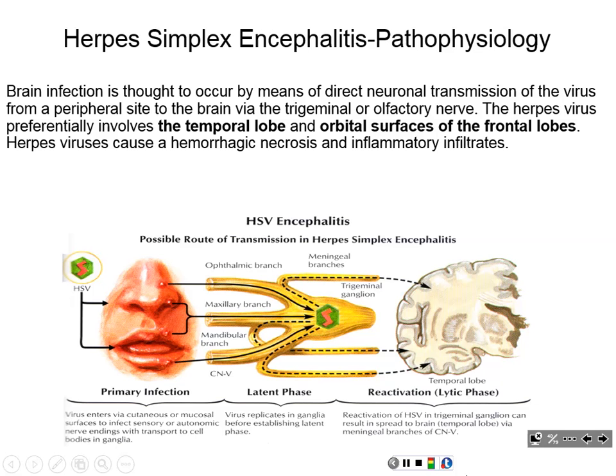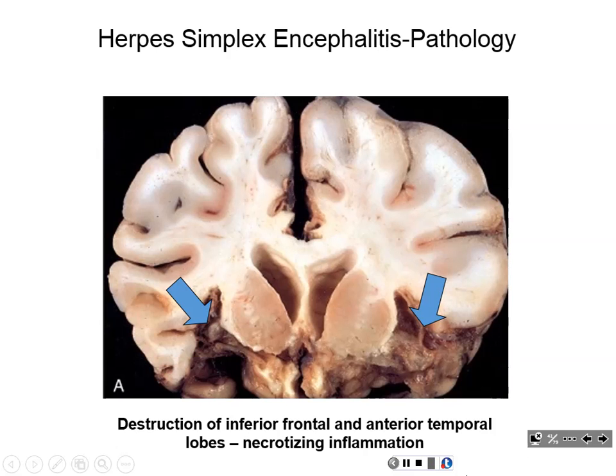Herpes viruses cause a hemorrhagic necrosis, and so this means we may also see some red blood cells in our samples, and is a major cause of inflammatory infiltrates. Our pathology here, it's a necrotizing inflammation with a predilection for the temporal lobe.